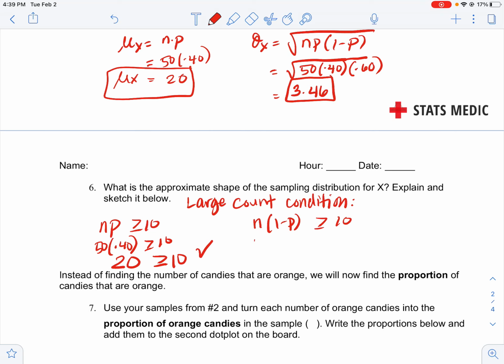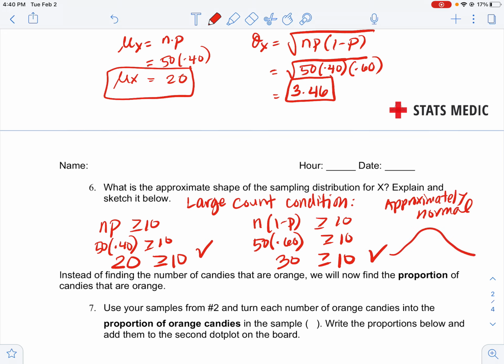And then N times 1 minus P, so 50 times 0.60, is 30, greater than or equal to 10. Because both of these pass the condition, the shape is approximately normal.